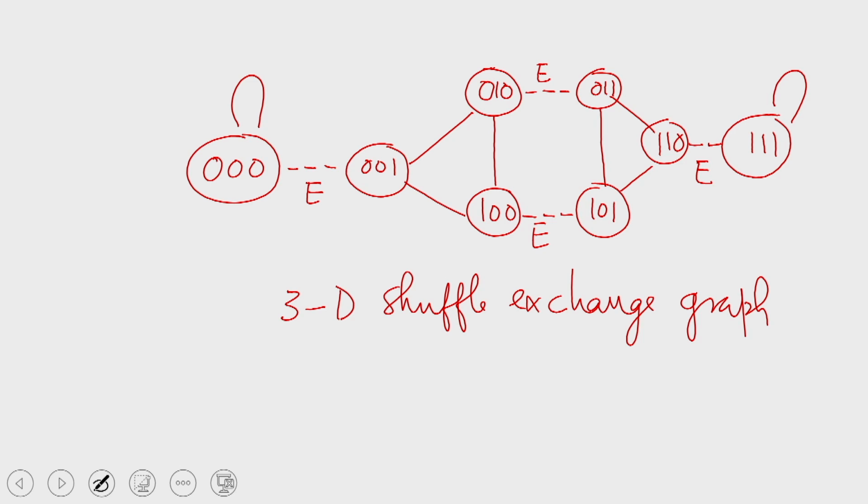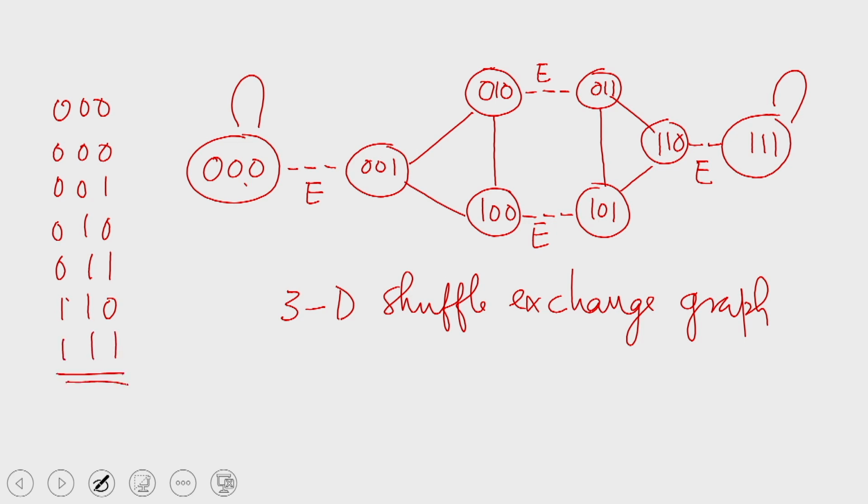You start from 000, the shuffle edge will take us to 000 again, then the exchange edge will take us to 001, then one shuffle will take us to 010, exchange will take us to 011, and then another shuffle will take us to 110, and then an exchange will take us to 111. So this is a path of length 6 from 000 to 111.